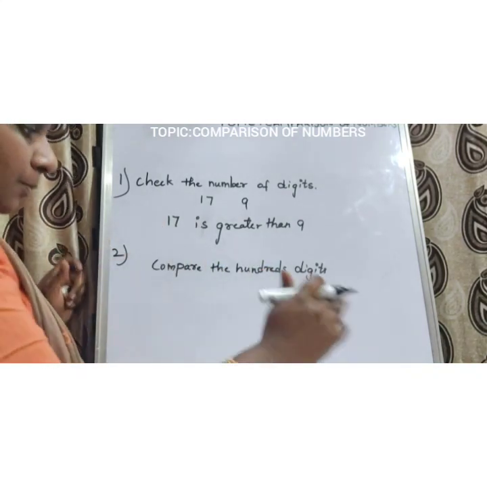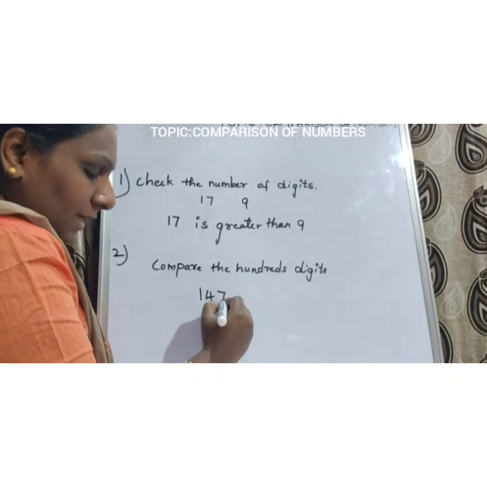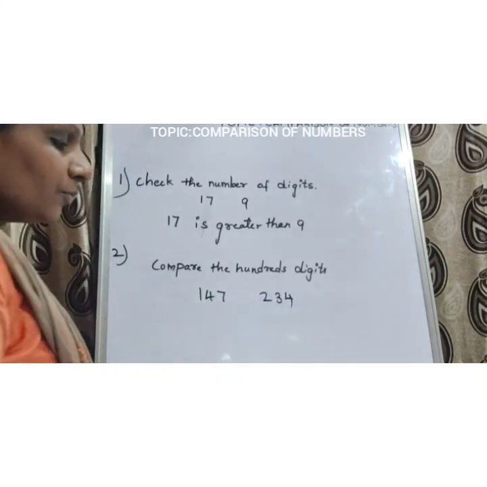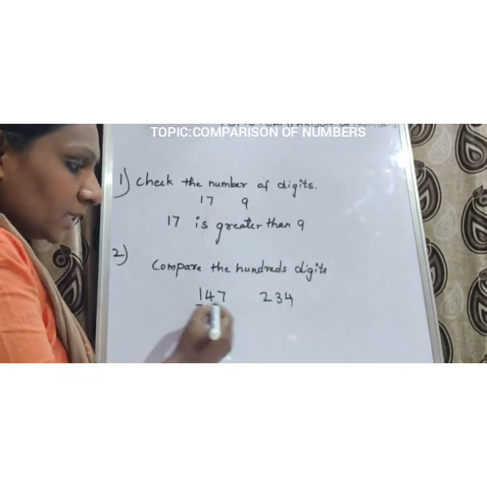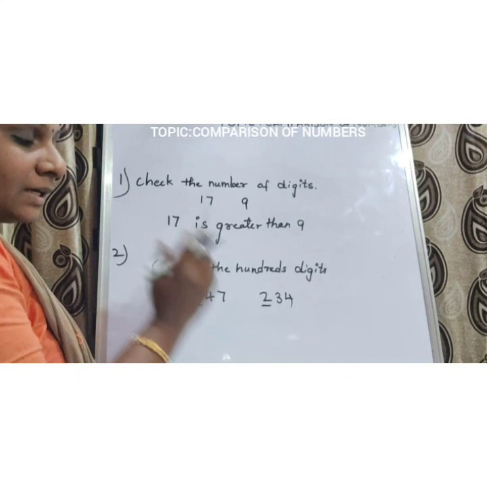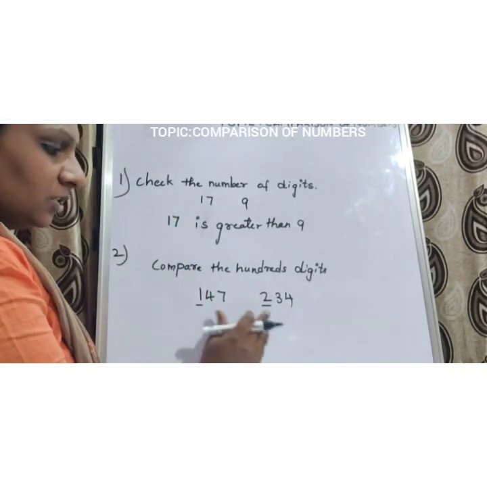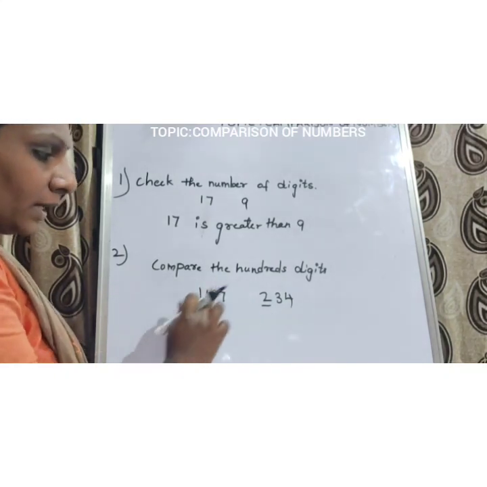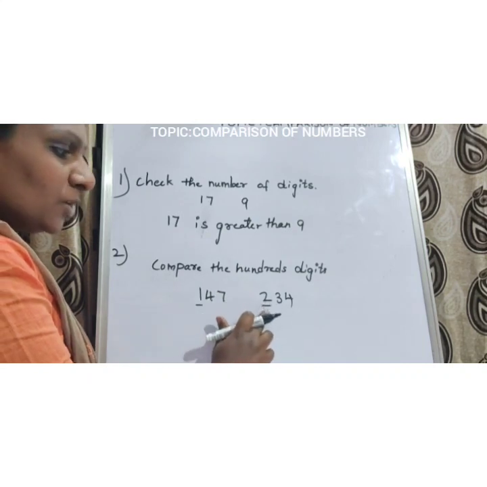Suppose, for example, I am going to take 147 and 234. We are comparing the hundreds digit. That means whatever digit is in the hundreds place, you have to compare that. You can also say, the first digit of the number. So 1 and 2. Which is big, 1 or 2? 2 is big.